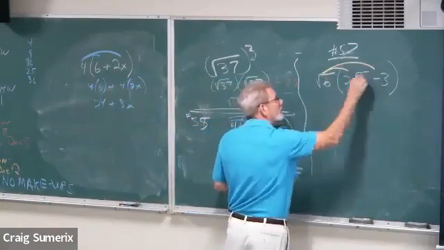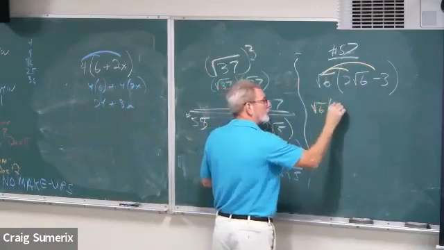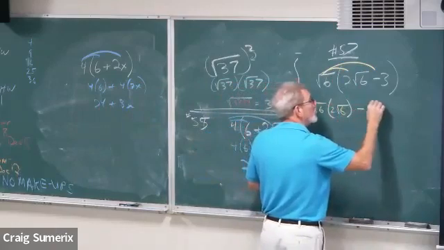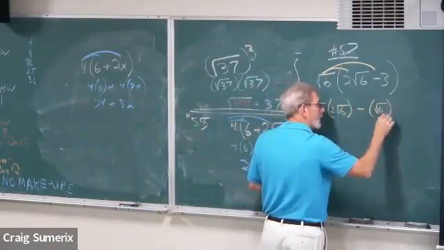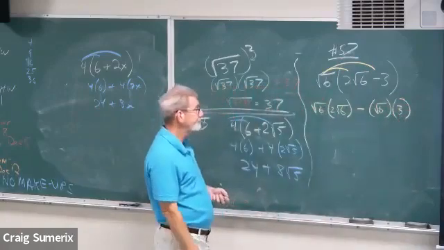We can still distribute the square root of 6: 2 square root of 6 times the square root of 6, minus square root of 6 times 3. Can you clean that mess up?